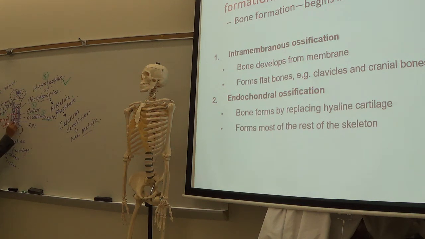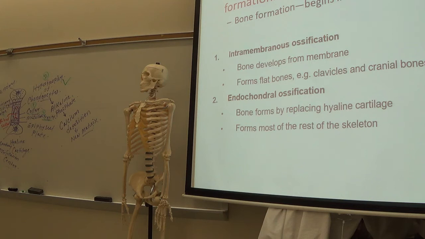This thin plate of cartilage will remain there. Also same thing here. The growth plate will shrink, will get narrow, and will stay here as a thin plate of cartilage. And this is called epiphyseal plate. So this is one epiphyseal plate, hyaline cartilage. This is another epiphyseal plate, hyaline cartilage. And it is always there in the long bone. Will never be converted to bone, this thin plate of cartilage.